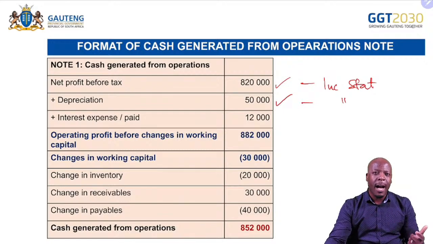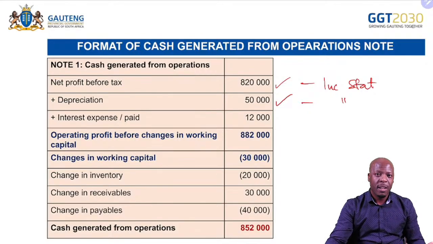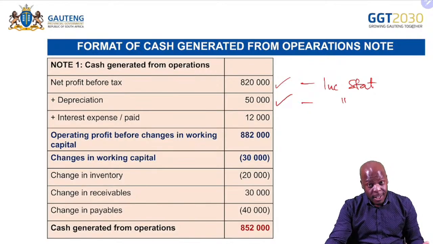Non-cash items can be in an income statement but do not have to do with the movement of cash. We do pay for director's fees, yes. We do pay for rent expense, yes. We do pay for advertisement, yes. But we don't pay for depreciation.